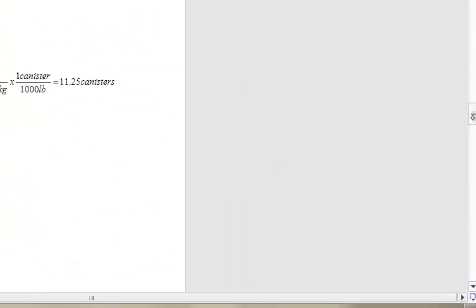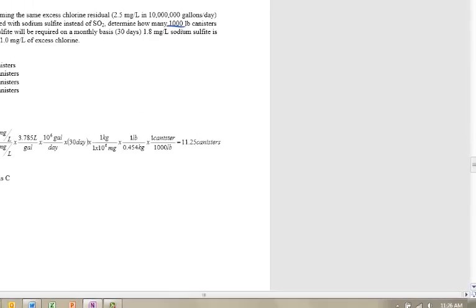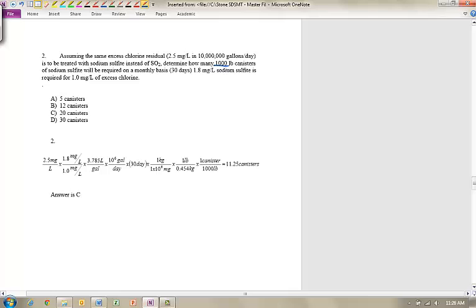Assuming that the same excess chlorine residual is to be treated with sodium sulfite instead of SO2, how many 1,000-pound canisters of sodium sulfite will be required on a monthly basis?